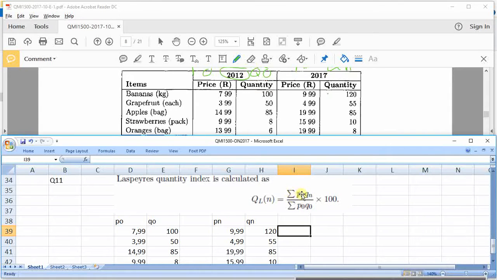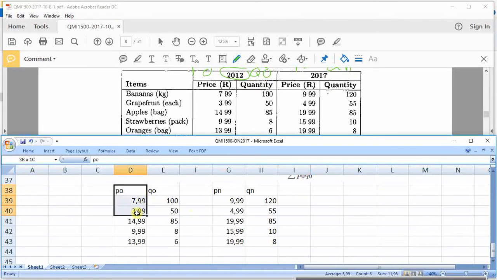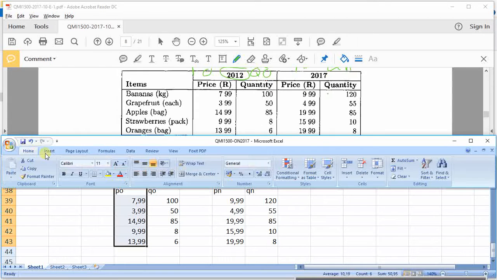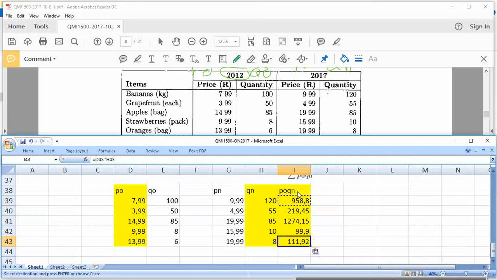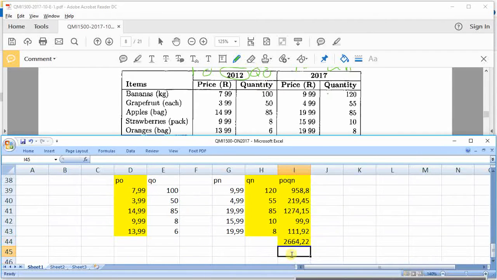Sum up all of the P0 times the Qn. P0 times Qn. This times that. P0 times Qn. Okay, and then sum up. Okay, gives me that answer.